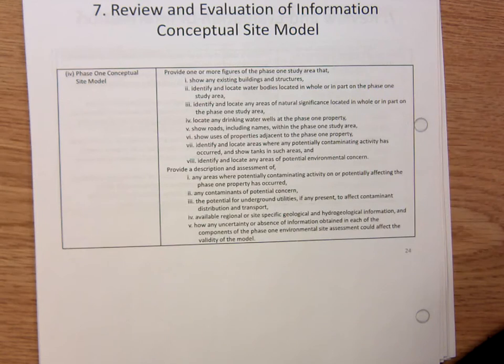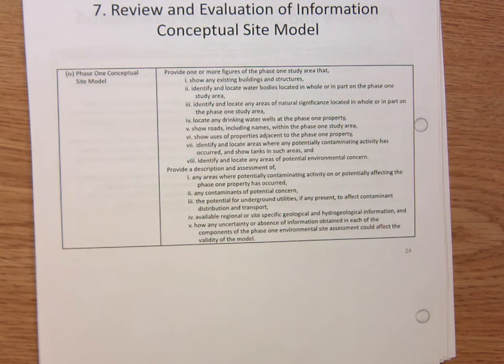So if you have anything like that, you should include that in your report. And you also have to include how any uncertainty or absence of information obtained in each of the components of the Phase 1 environmental site assessment could affect the validity of the model. So basically you're recording any risk that could be associated with your gathered information.